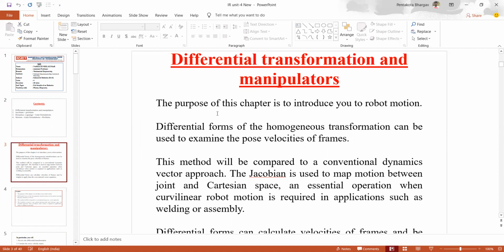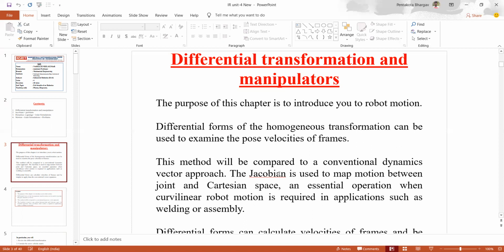the purpose of this chapter is to introduce you to robot motion. And the next one is the differential forms of the homogeneous transformation can be used to examine the force velocities of frames. Next, this method will be compared to the conventional dynamics vector approach.